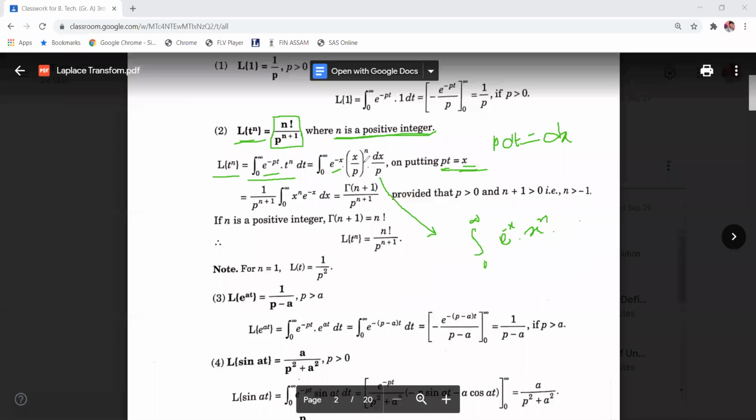In the denominator we have 1 by p to the power n, and there is again 1 p, so if you multiply, you get p to the power n plus 1. I have taken this 1 by p to the power n plus 1 outside the integration, because you are integrating with respect to x. So it will be the integral from 0 to infinity of x to the power n into e to the power minus x dx.